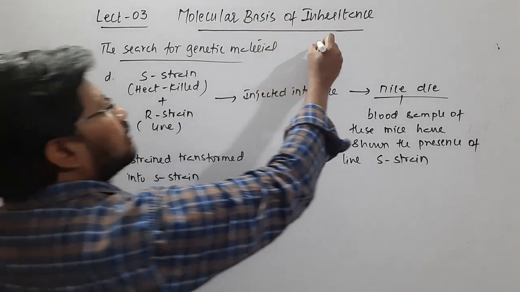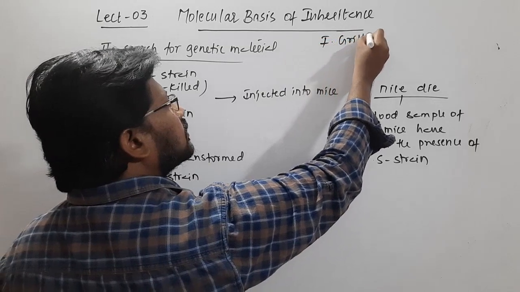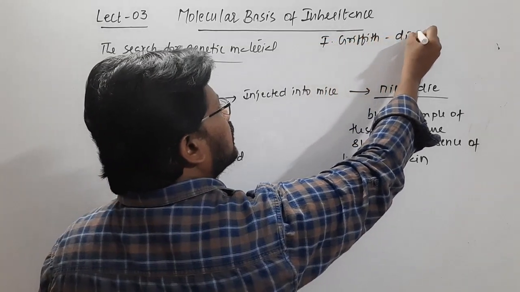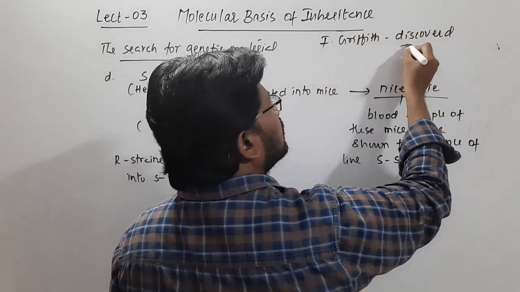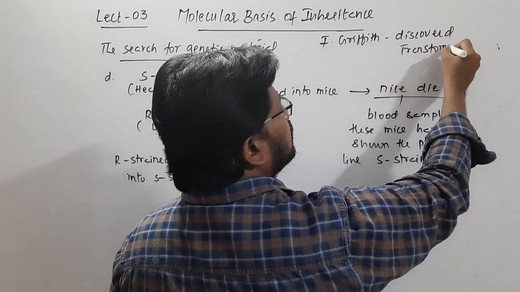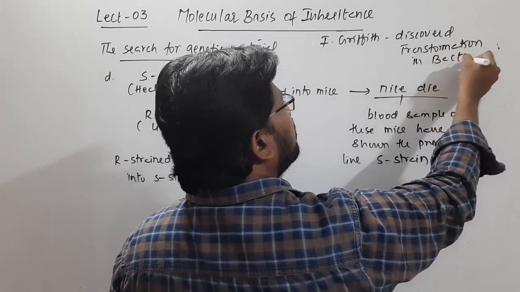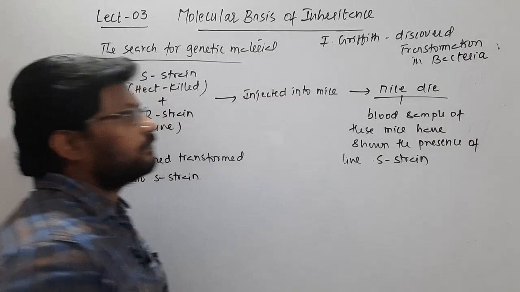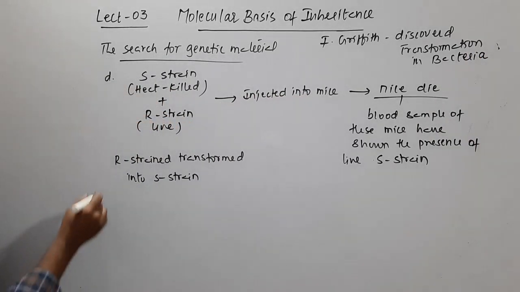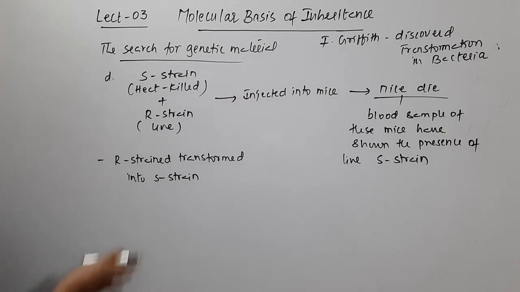So we come to know that Frederick Griffith discovered transformation in bacteria. So he concluded finally that R strain somehow transformed into S strain.